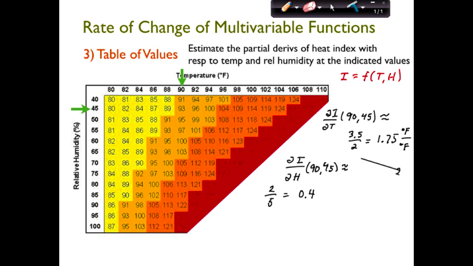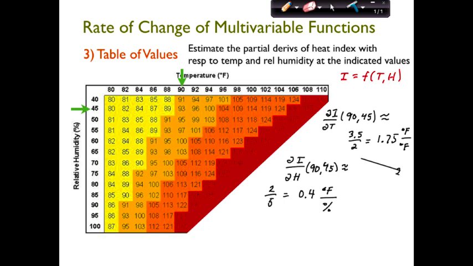Index is degrees Fahrenheit. And then humidity, percent, right? Right, your change in humidity would be percent. So 0.4 degrees per percent. Okay, so this gives us the rate of change.